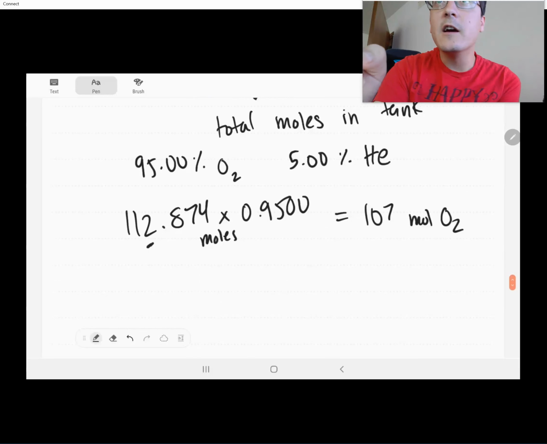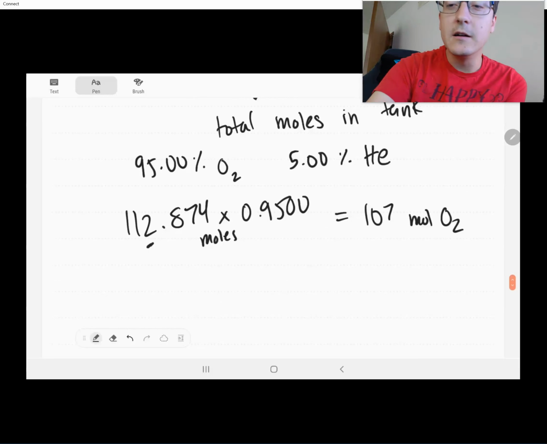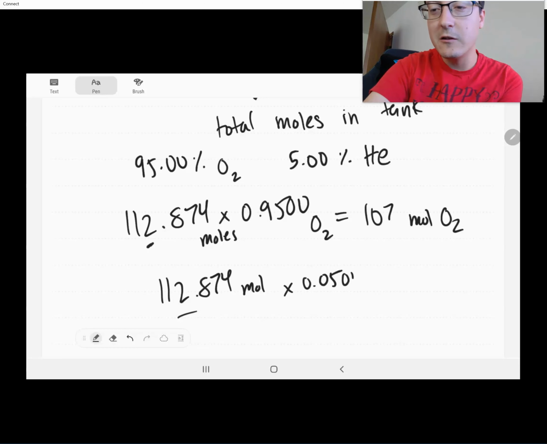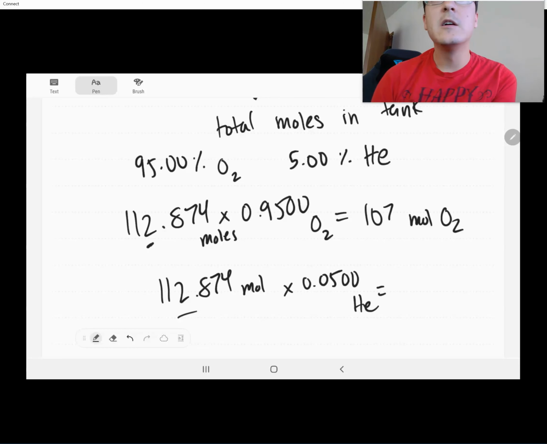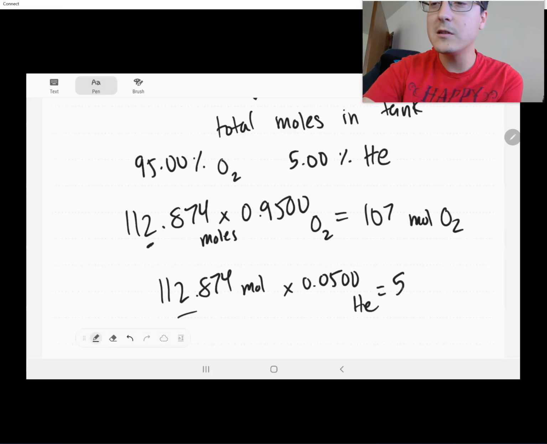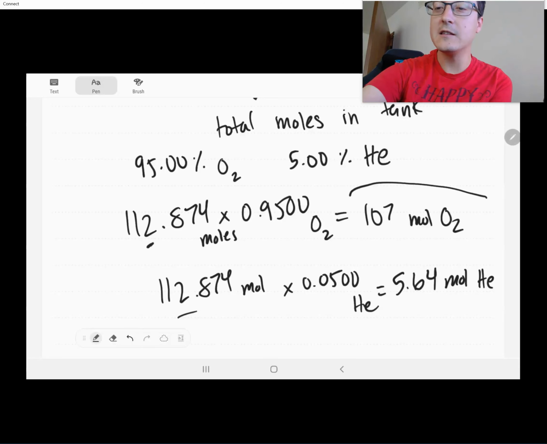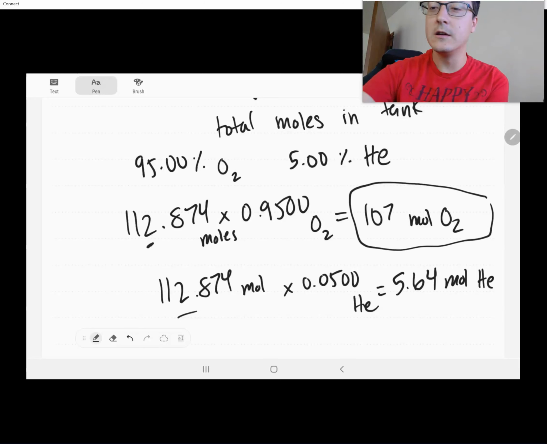And then the other one was, this was oxygen, and then 112.874 moles times 0.05, and that was helium, which she says is 5.64 moles of helium. Awesome! So there we go. That's our answer. We have in this tank this many moles of oxygen and this many moles of helium.